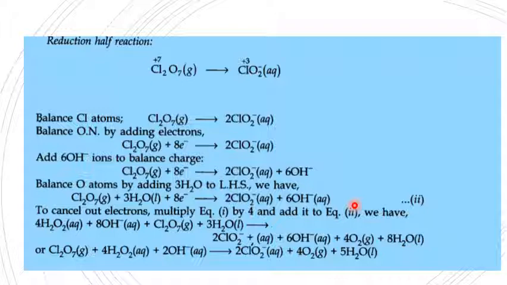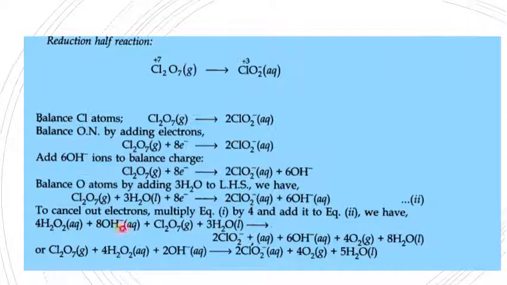Now lastly we are going to add. First we will multiply with the appropriate whole number, canceling out the electrons to make them equal. Here you can check, 8 electrons there, and in the previous one it is different. So multiply equation 1 by 4 and add it to this given equation.